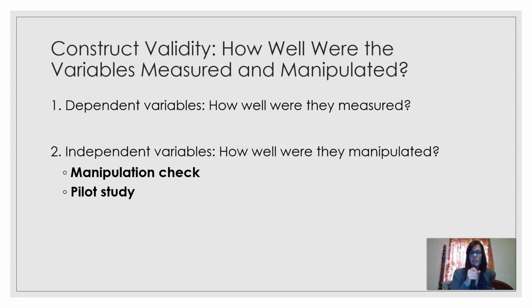You want to make sure that your mood induction worked. And so what you can do is you can do a manipulation check. You can do a quick survey or a quick measure to see if I induce these people to feel sad, do they actually feel sad? If I've induced people to feel happy, do they actually feel happy? So that's one thing that we can do to make sure that our manipulation is working as it should.